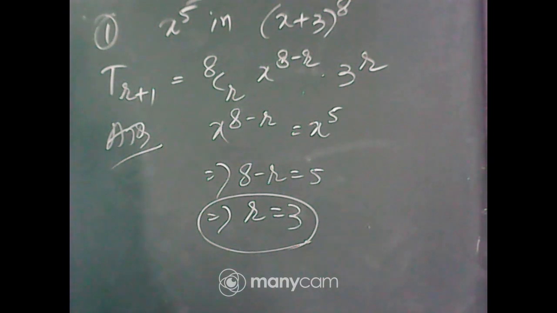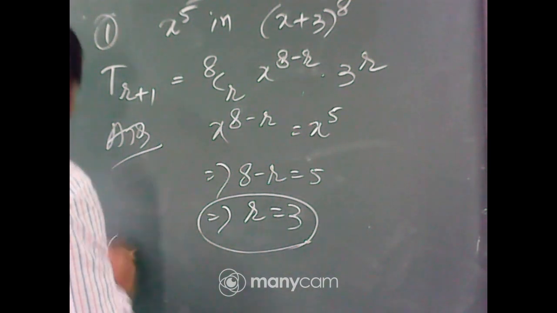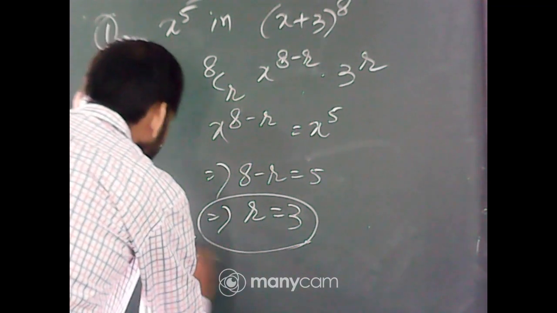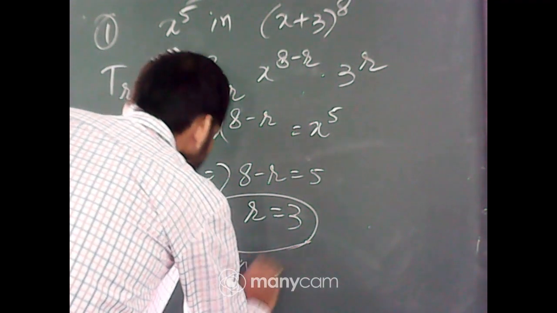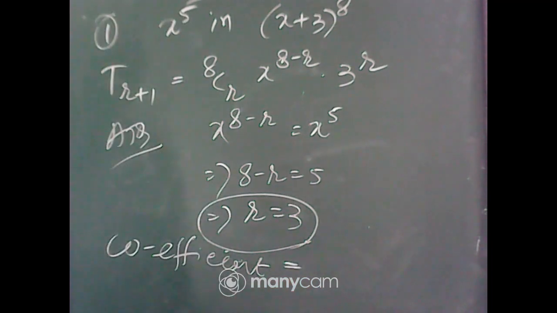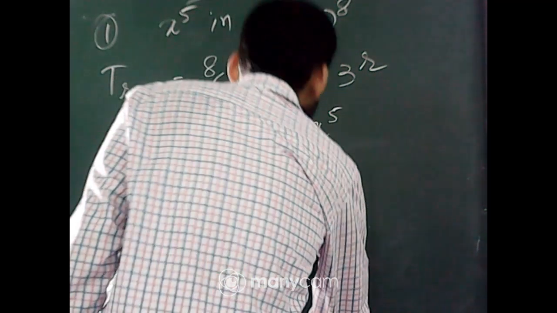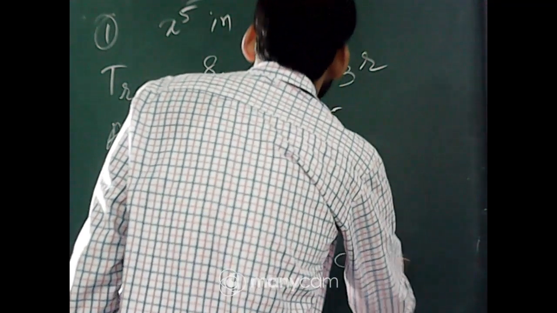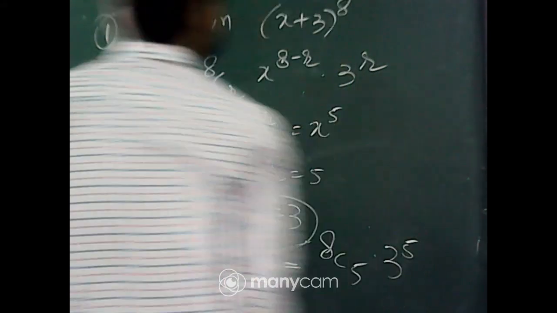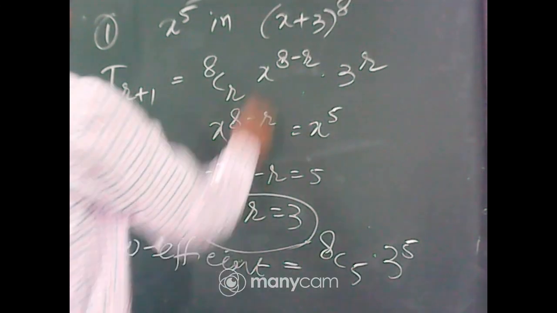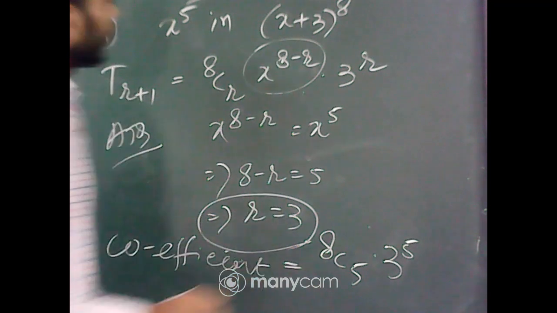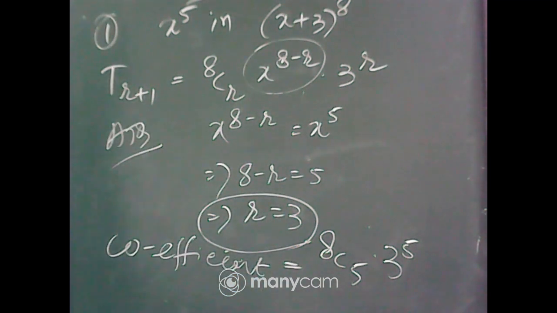Therefore, the required coefficient will be 8C5 into 3 to the power 5. I am excluding the variable here. If you put r equals 3 in the power of the variable, that means x to the power 8 minus 3, that is x to the power 5.